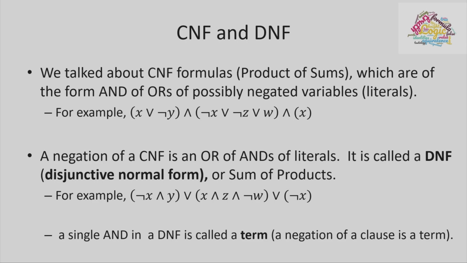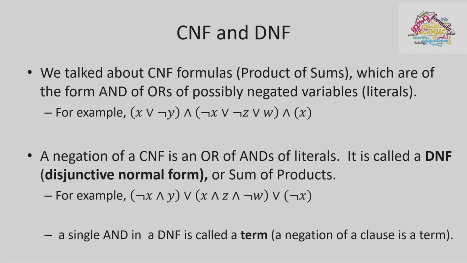So we talked about product of sums formulas, which were of the form an AND on the top, then there are ORs, and each OR only has either variables or negated variables underneath it. So for example, (x or not y) and (not x or not z or w) and x was an example of a CNF.